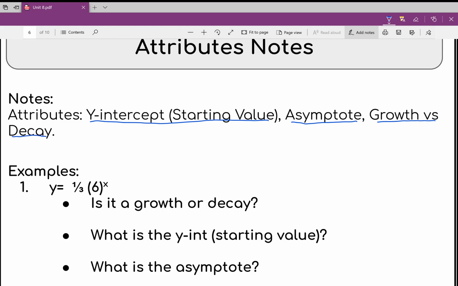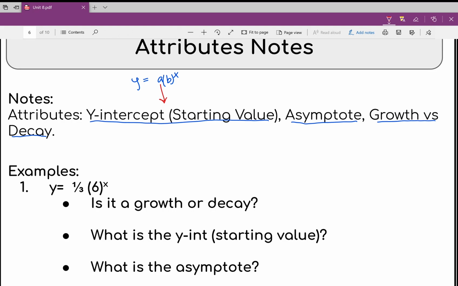Remember, our standard form for an exponential equation is y = ab^x. If you remember from the first video, a represents our y-intercept, or starting value, and b represents whether it's growth or decay.